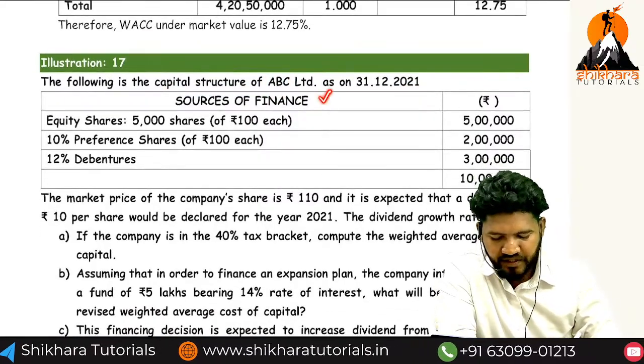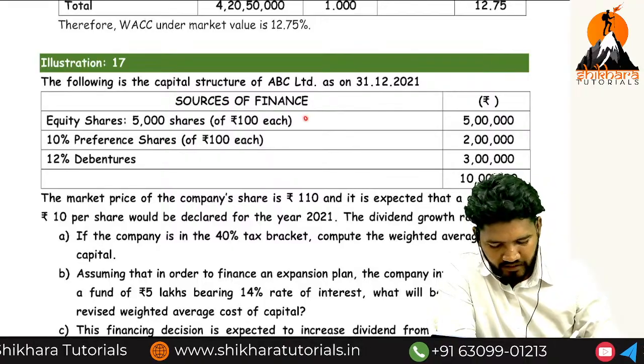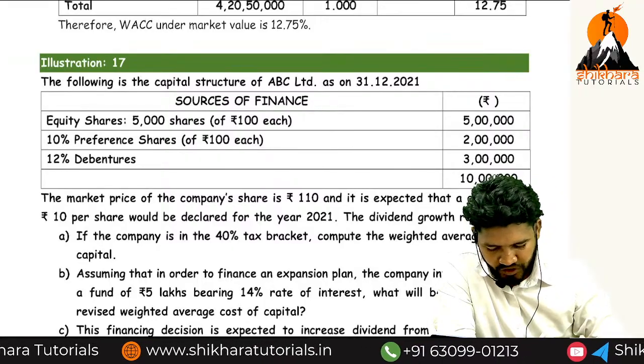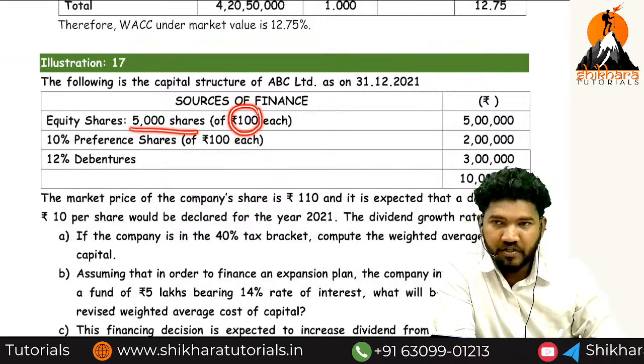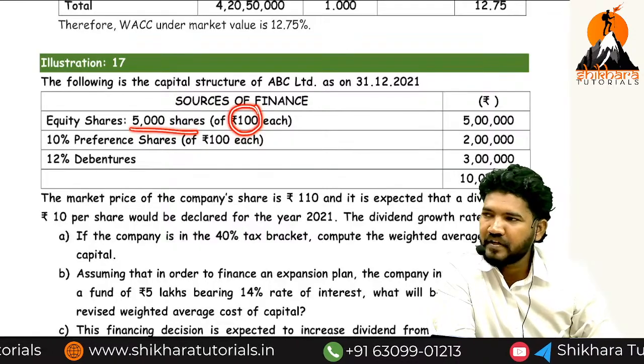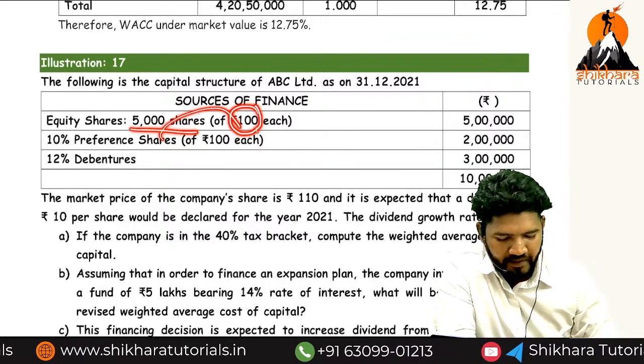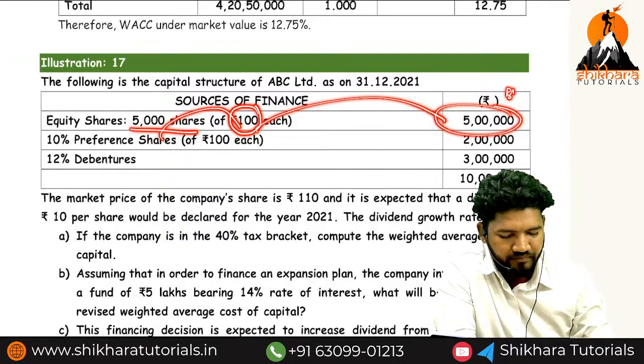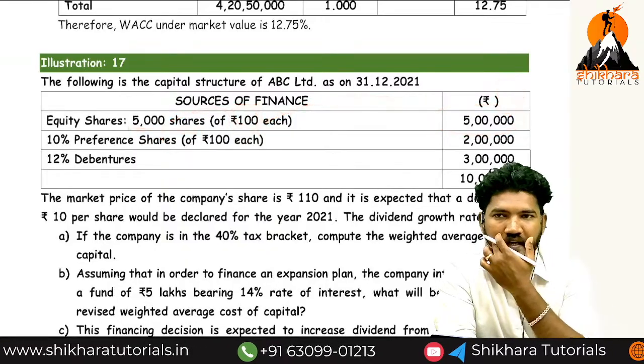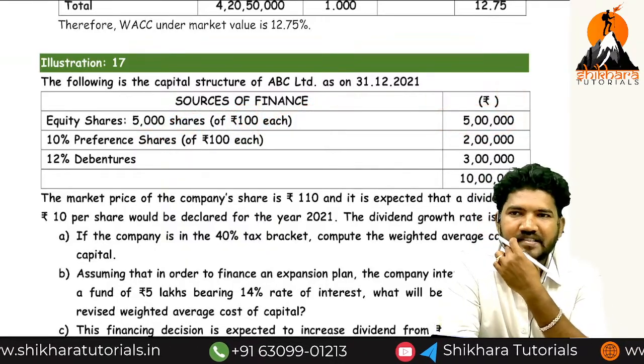Sources of finance is given. Equity shares is given. What about this 100? Market price or face value? Now these two multiplied, what do you get? Book values only, no? I said already clearly, whatever the table they give, unless they specify otherwise, the values are book values.